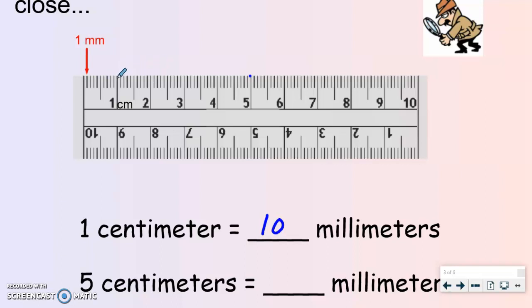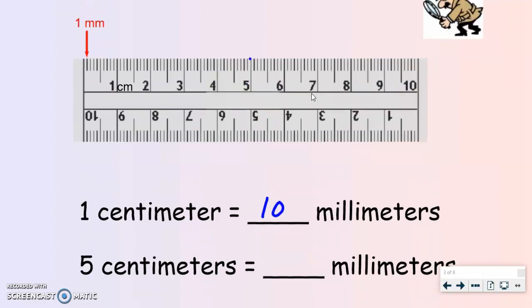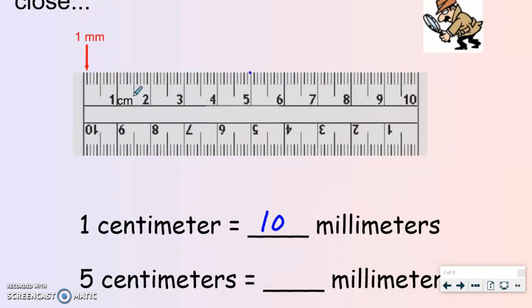You knew that this was 10, so you could skip count by tens. Or another thing is, you could even multiply. But for right now, we'll just do some skip counting. So we know that this is 10, then this would be 20, 30, 40, 50. So 5 centimeters would equal 50 millimeters.